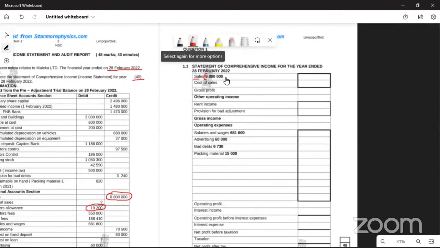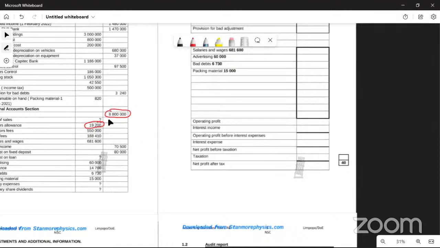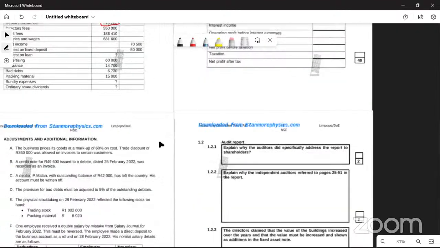Debtors allowance will affect our sales negatively, so we decrease our sales by the debtors allowance, which is 19,200 rand, of which I know I don't have to explain that. Grade 10, 11.